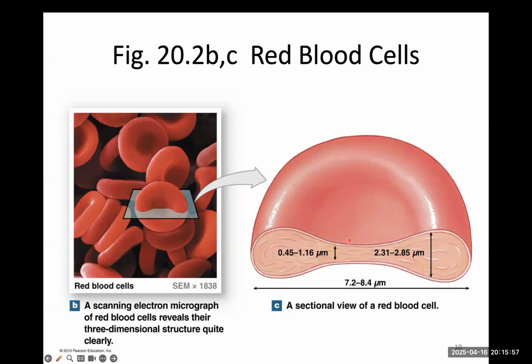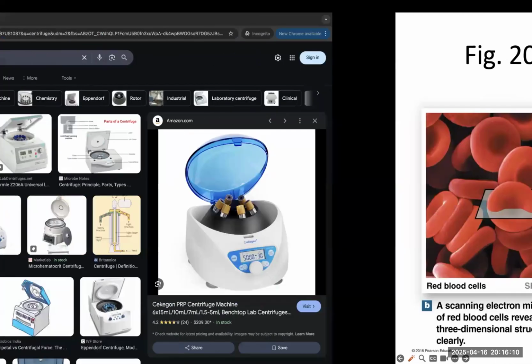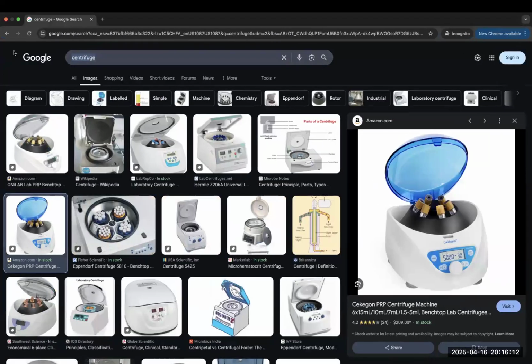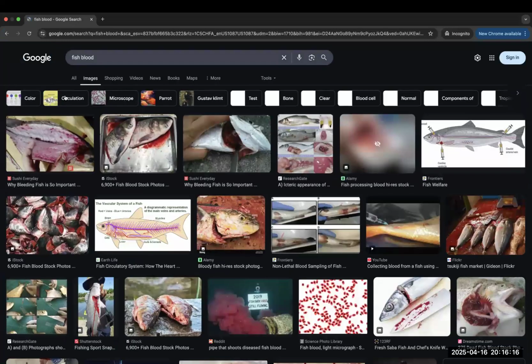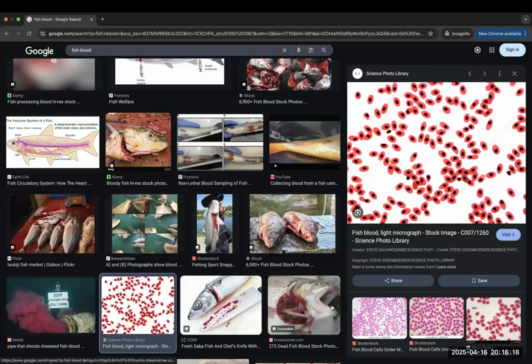The other thing that's very interesting is there's no nucleus. That's the other reason you don't see anything in the center. What's really weird is that this is unique to mammals. But if you look at, maybe, fish blood, this is fish blood under the microscope, and that's going to have a nucleus.